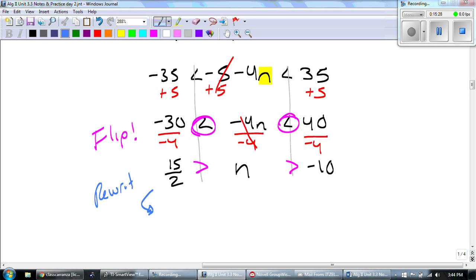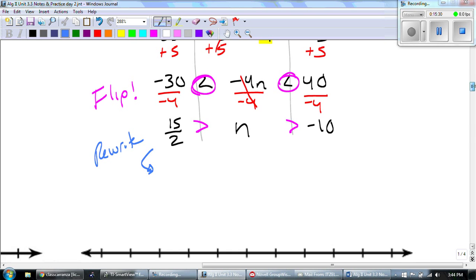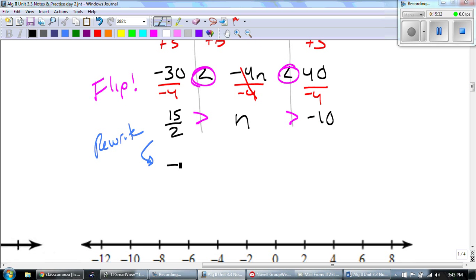So I need to rewrite. I have negative 10, n, and 15 over 2. Between the n and the negative 10, the inequality is pointing at the negative 10. Between the 15 over 2 and the n, the inequality is pointing at the n.